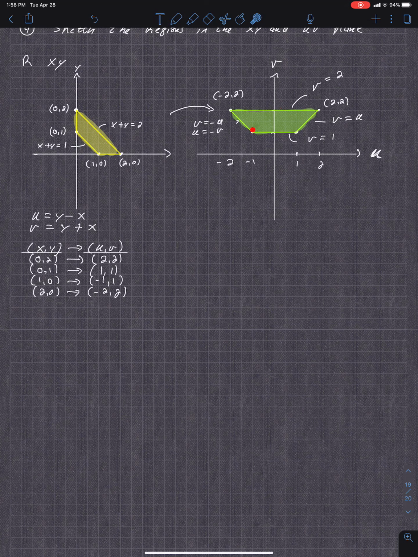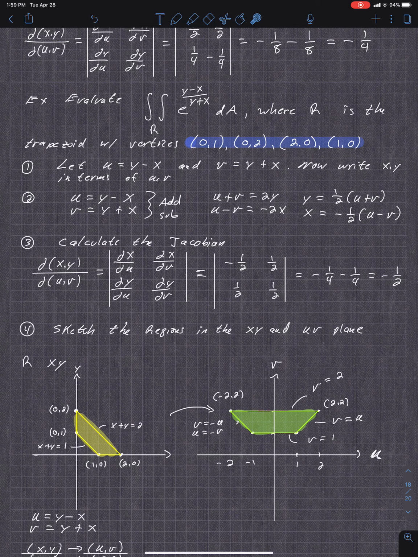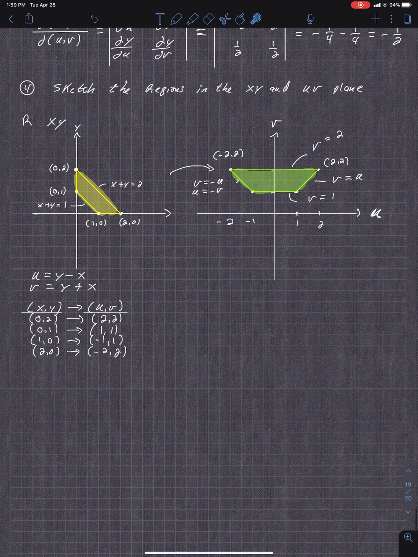And you can't necessarily use symmetry, because we don't know if this is symmetric above or below that region. So you have to be careful with symmetry, and we may not want to use that. We want to go this direction. So a representative rectangle needs to go this way when you integrate that region. We're going to go from u equals negative v to u equals v, or we may end up choosing it to be negative u, but you've got to go from this side to this side, left to right.